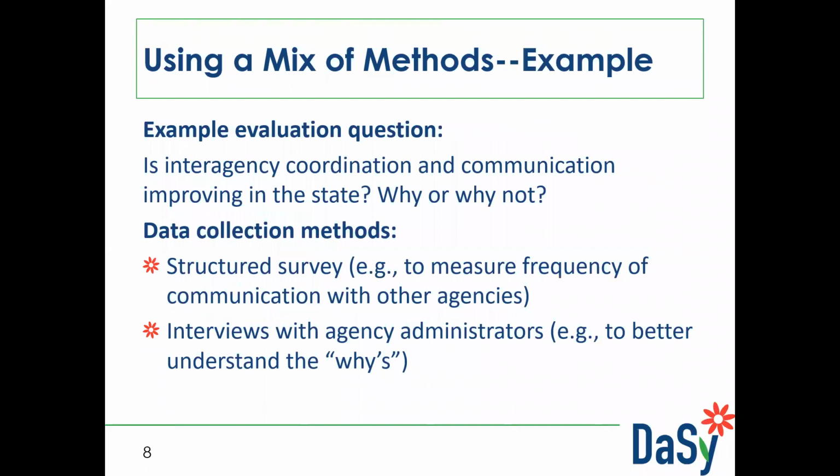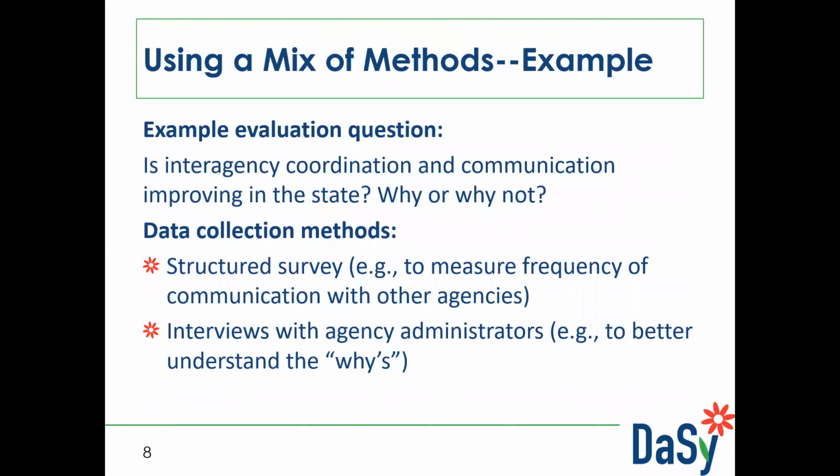I wanted to give an example of a mixed methods approach. So here's a state that has an evaluation question, and their question is, is interagency coordination and communication improving in the state? Why or why not? This state chose 2 data collection methods to answer this question.